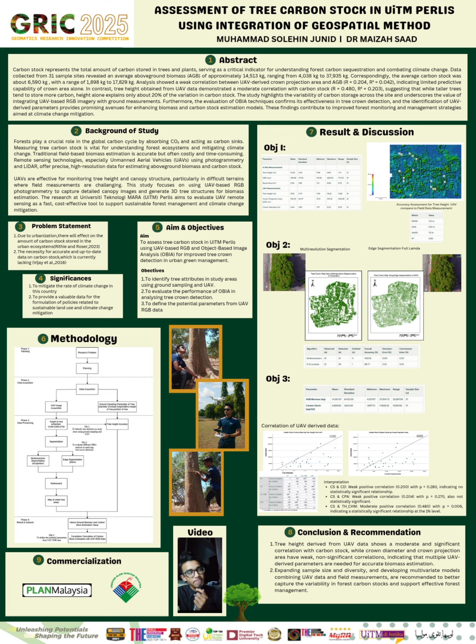Data collected from the field, about 31 samples, reveal an average above-ground biomass, or AGB, of approximately 14,513 kg, ranging from 4,038 kg to 37,935 kg.